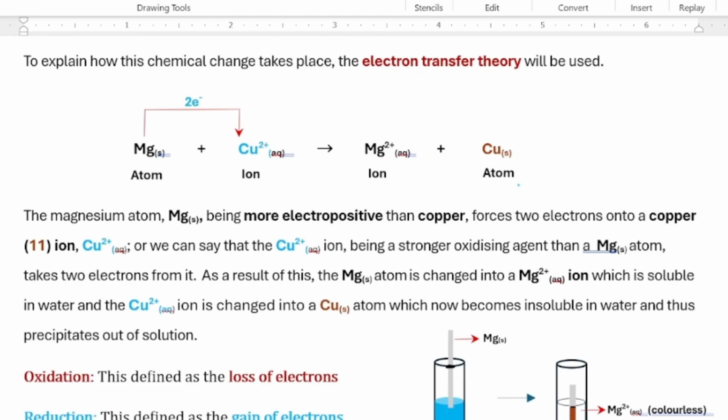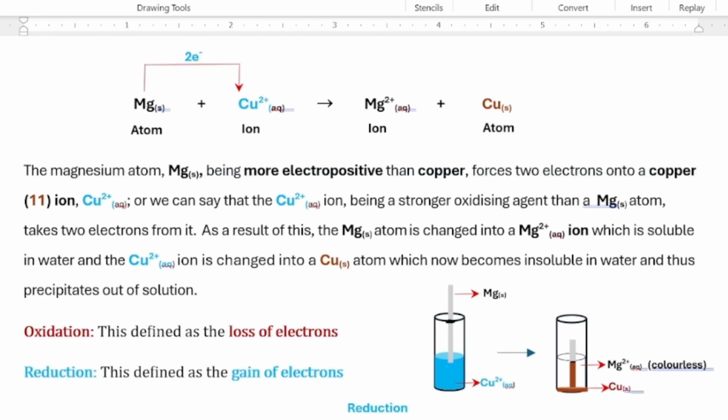Many theories have been used to explain redox changes, but the one that is used in this tutorial is called the electron transfer theory. According to the electron transfer theory, the magnesium atom, being more electropositive than copper, forces 2 electrons onto a copper-2 ion.